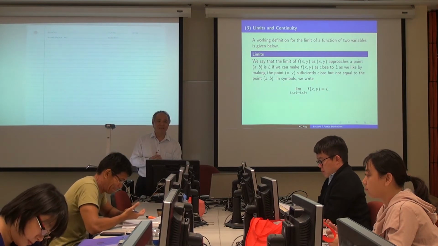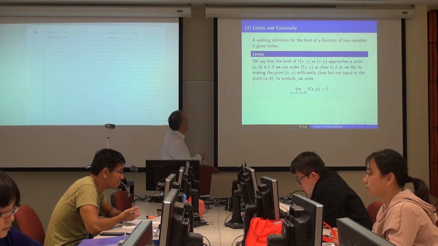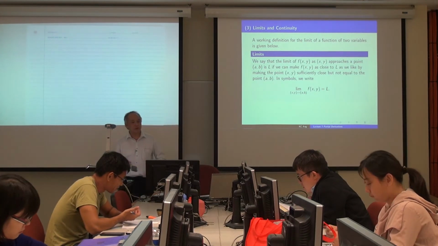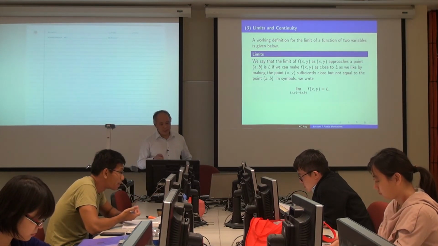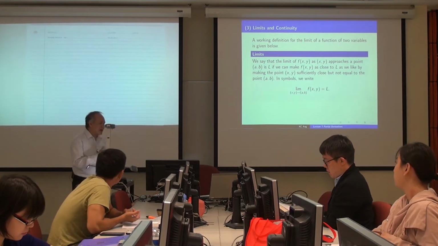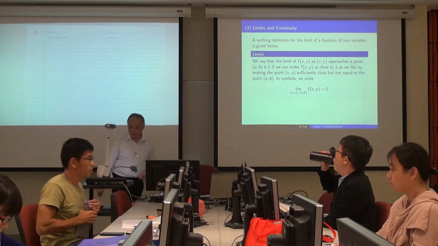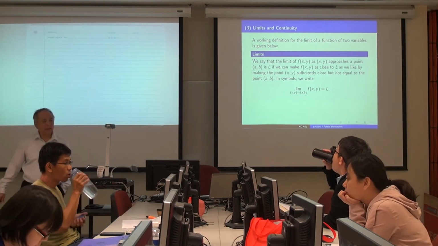But for a function of more than 1 variable, let's say 2 variables, we'll concentrate on functions of 2 variables, let us just adopt a more working definition rather than a formal definition in this particular case.